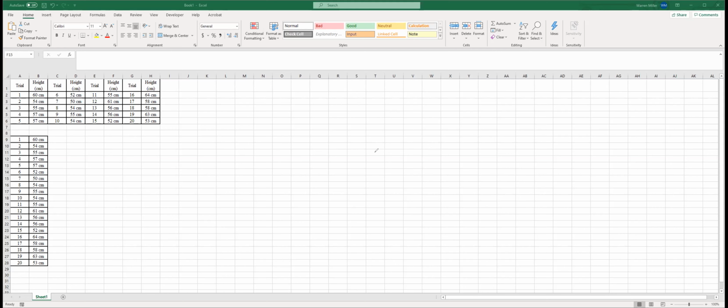The spring was compressed some distance, and then afterwards the spring jumped up like so, and we measured the height change from the beginning position to the upper position. That was the height.